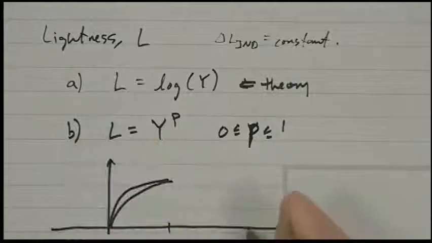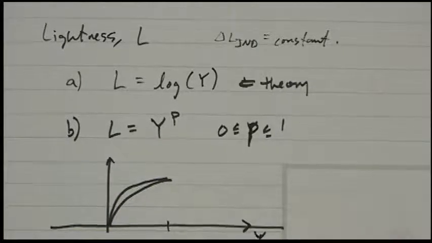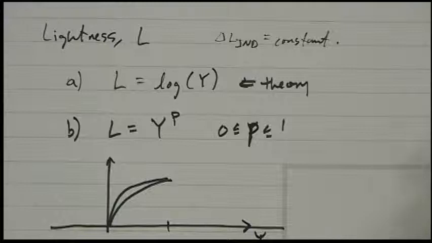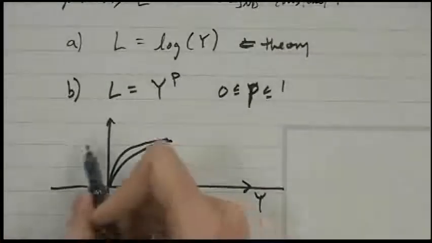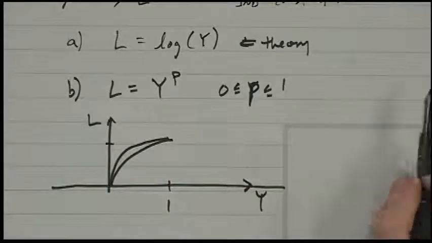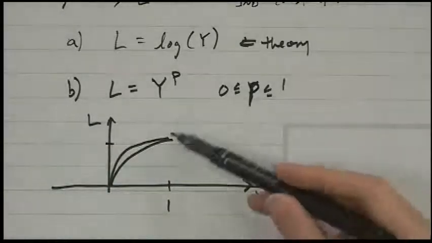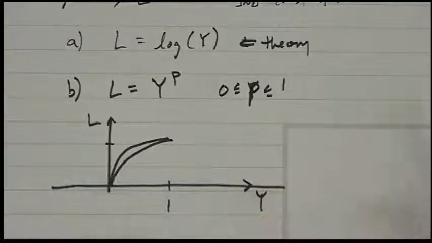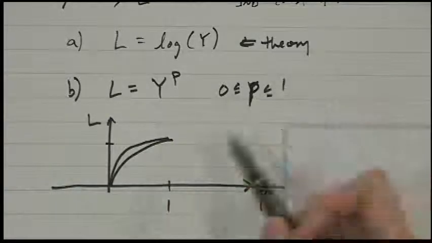And this is L. This function behaves much better around 0, so it's much more desirable from that standpoint.